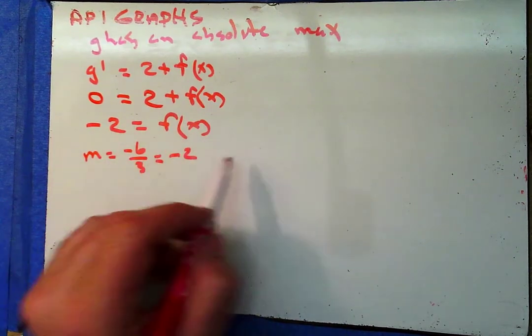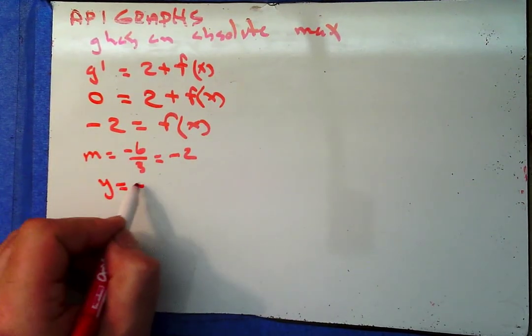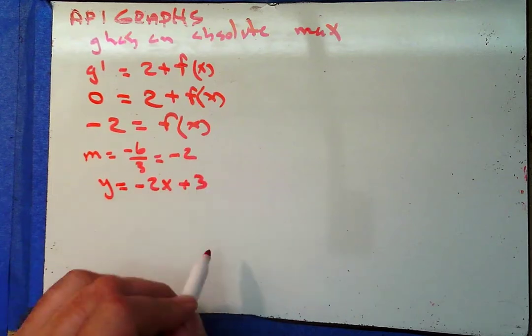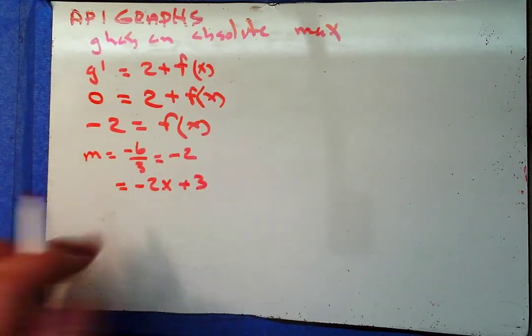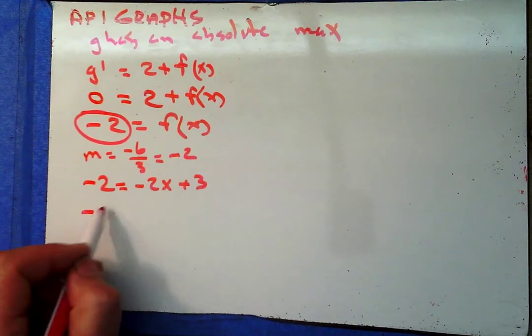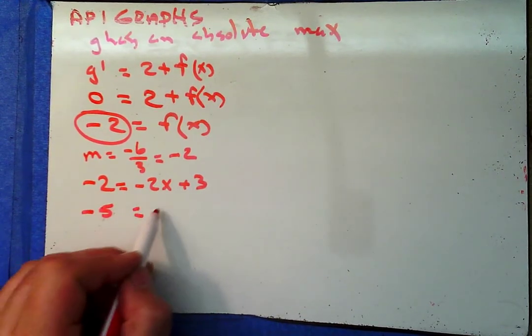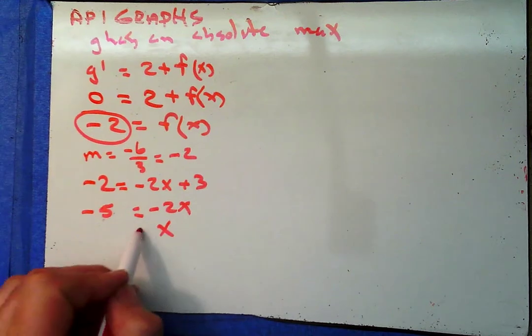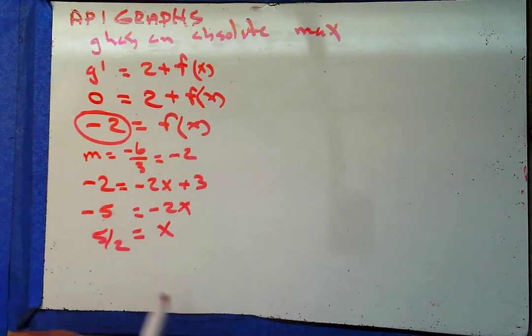The y-intercept is 3, so y equals negative 2x plus 3. I want to set this equation equal to negative 2. I want to know when f is negative 2. And so I get negative 5 equals negative 2x, or x equals 5 halves.